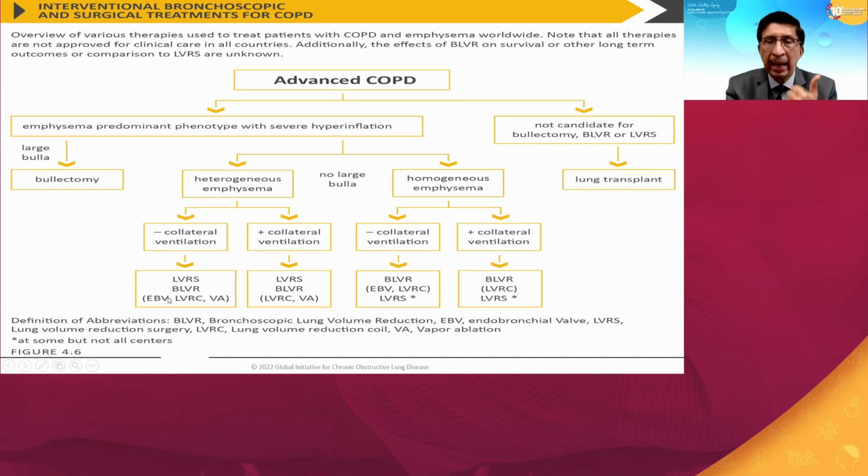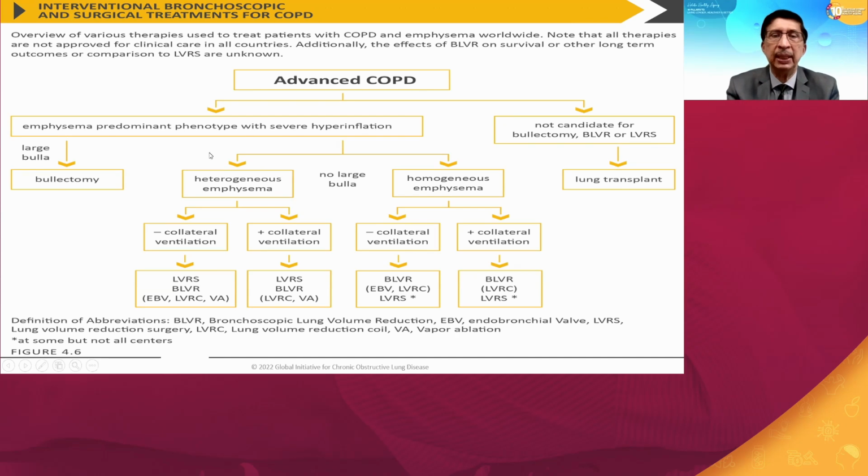EBV is endobronchial valves. Now, endobronchial valves, as you can see, are inserted in patients who have a definite fissure and you're sure that there's no extra blood supply coming to the lobe. And you insert your valve, block off that lobe, and you ablate, you collapse that lobe.